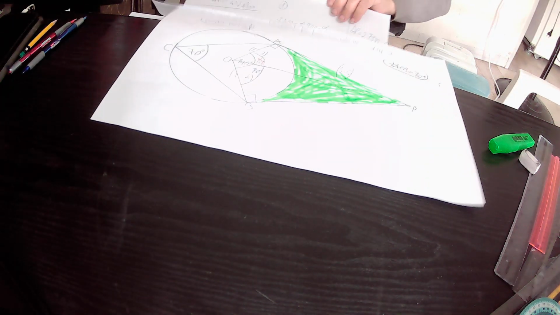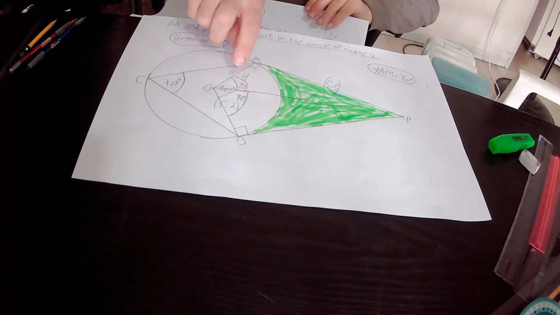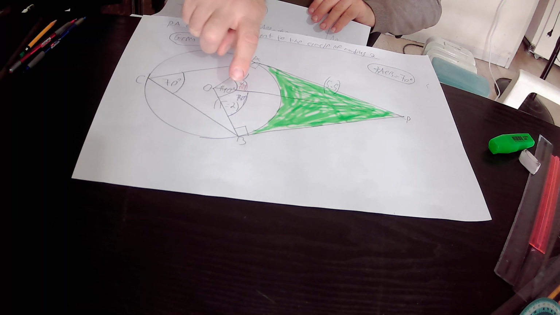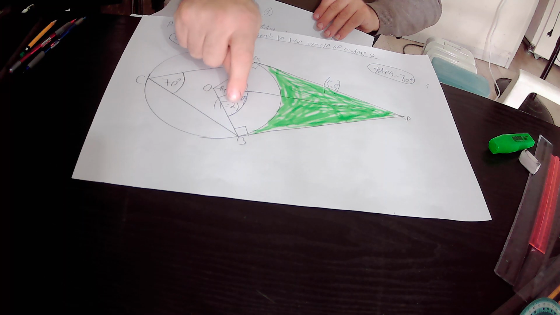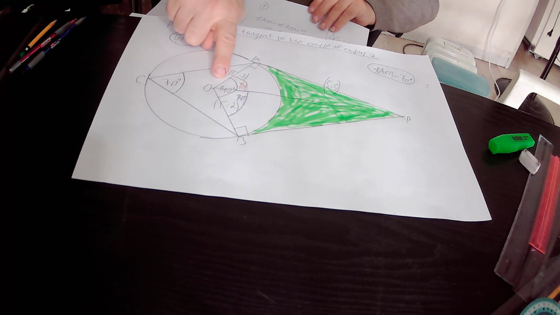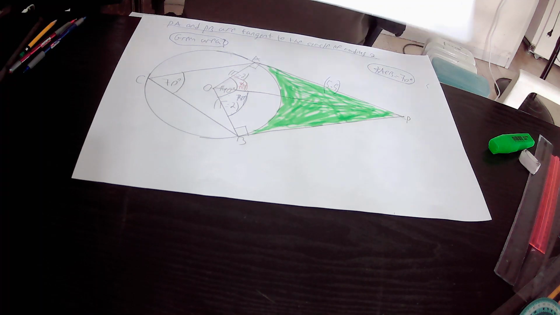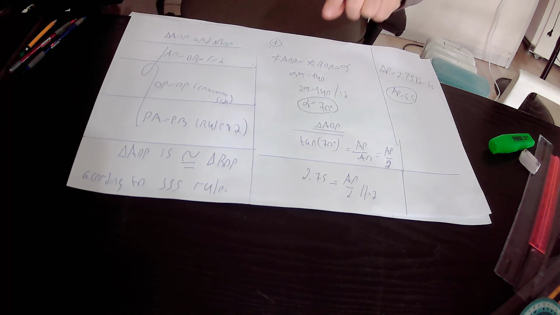So if we define this angle as alpha, then the other angle must also equal alpha. So alpha plus alpha in total must equal 140 degrees, as you can see from the drawing.